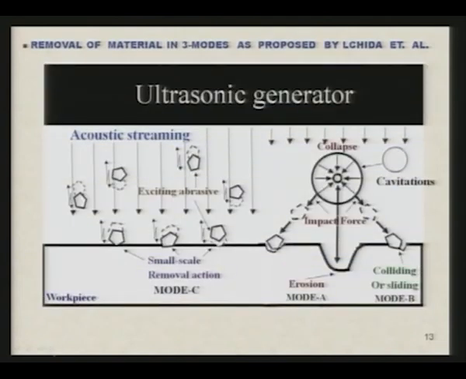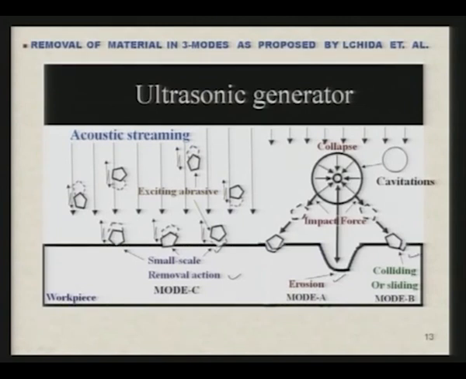In this one, all the three modes of the removal of the material are shown. You can see here, this is the ultrasonic generator, this is the workpiece, and in between there is the slurry, and then you can see the excited abrasive particle here. In case of mode C, you can see the kind of crater formed over there. In case of mode A, here is the crater formed, and in case of mode B, here is the crater shown.